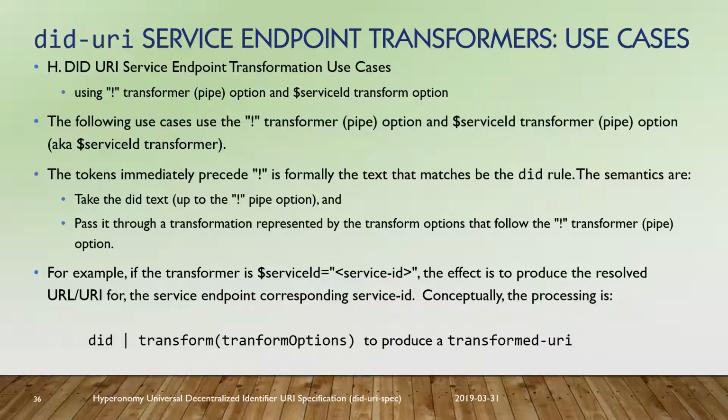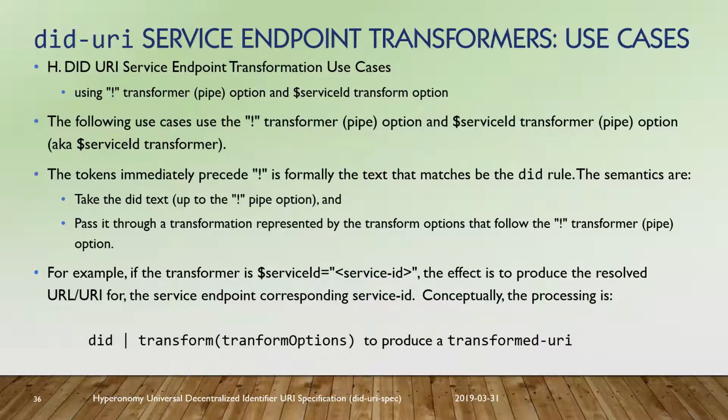So the general process is you take all the tokens that immediately precede the exclamation, and this should be formally the text that matches the did rule, the first rule of the BNF. And the semantics are take the did text up to the did pipe and pass it through a transformation represented by the transformation options that follow to the right of the pipe transformation option.